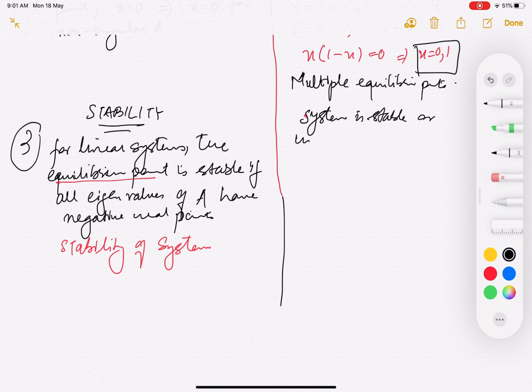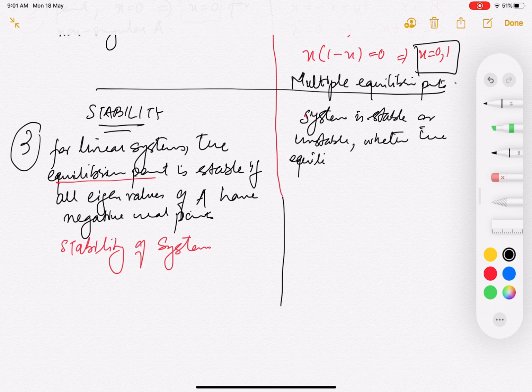Instead of saying whether the system is stable or unstable, you talk about whether the equilibrium point is stable or unstable for a nonlinear system.